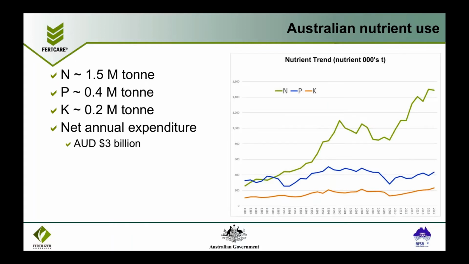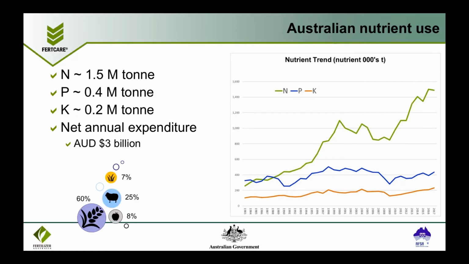And when we think about things like the nutrients that are used to support those agricultural enterprises, there's significant use of nitrogen, currently at around 1.5 million tonnes per annum, phosphorus at around 0.4 million tonnes per annum, potassium around 0.2 million tonnes per annum, and our annual expenditure on those nutrients is in the order of $3 billion.